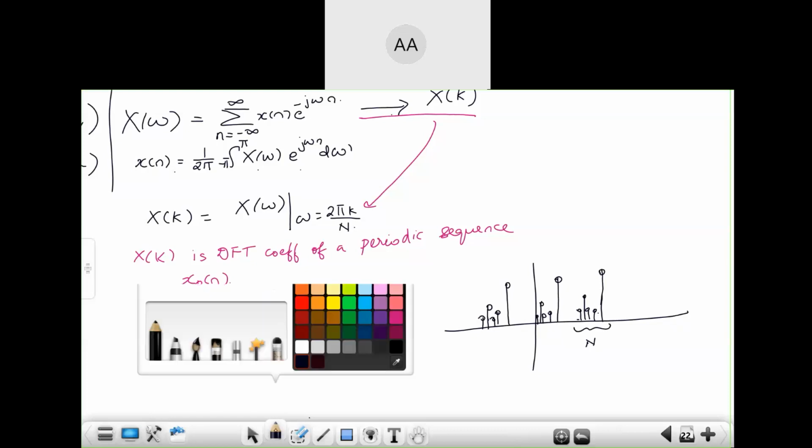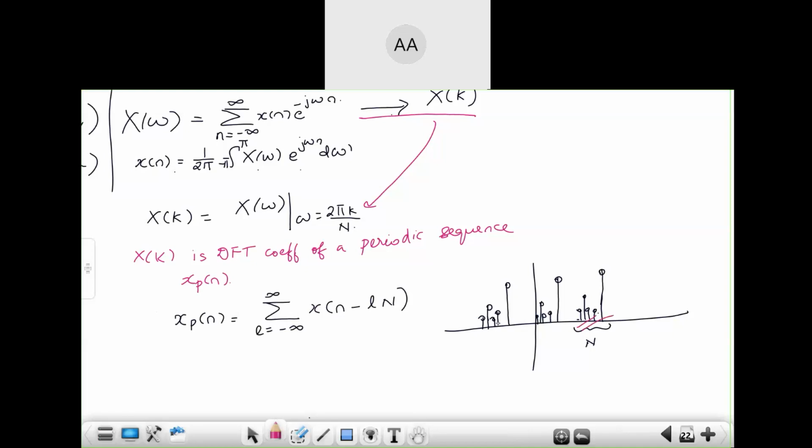Whether you take it at this point or this point, arbitrarily some value L, anywhere in the number line you shift L into capital N. Say n is the index you are using, n equal to 0 is here. Anywhere you shift this signal, this side or that side, if it's a periodic signal, only one of these periods is sufficient. So in general you can write it this way. Got it?